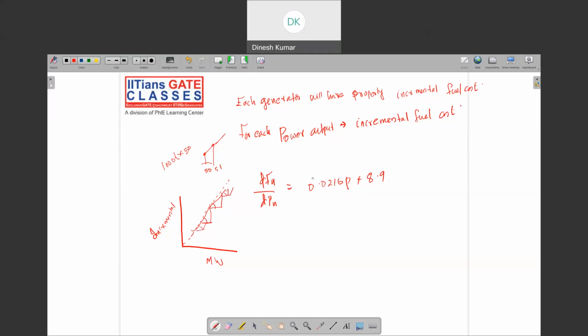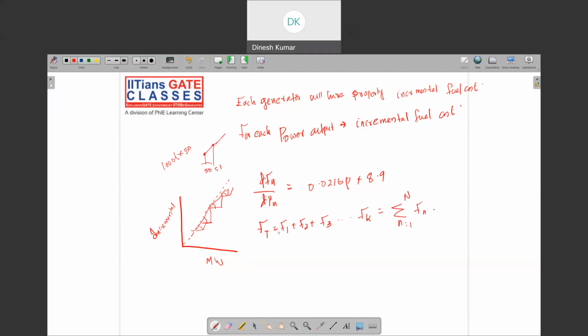So like this, we can find the incremental fuel cost for all the generators, right? The total fuel cost FT will be the fuel costs F1, F2, F3, etc. up to Fk. That is basically the cost for all the fuel. In order to generate some amount of power, we have to take the cost for all the generators, that is sigma n equal to 1 to k of Fn.